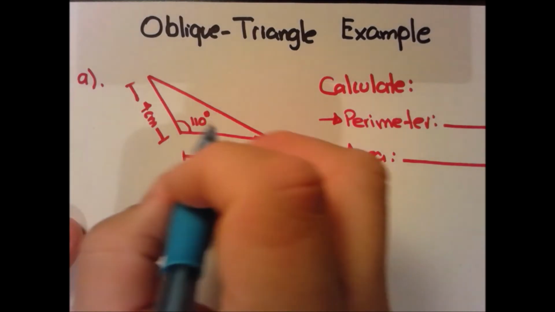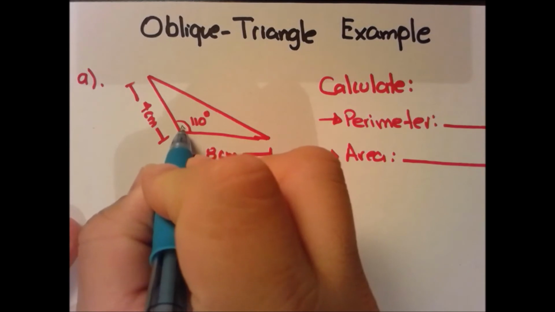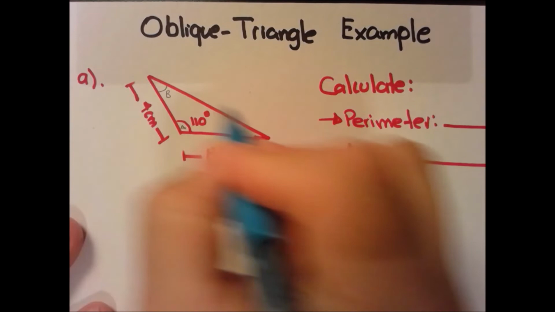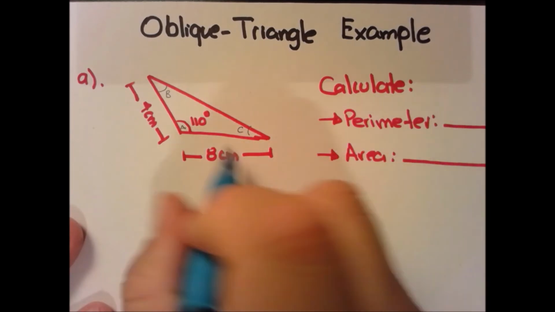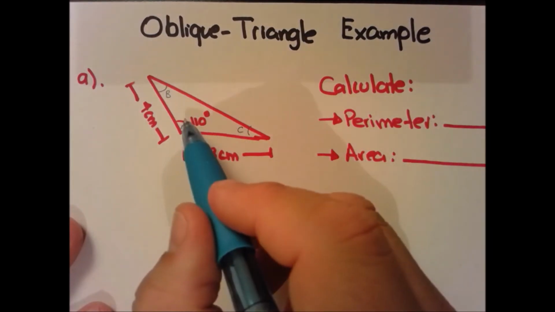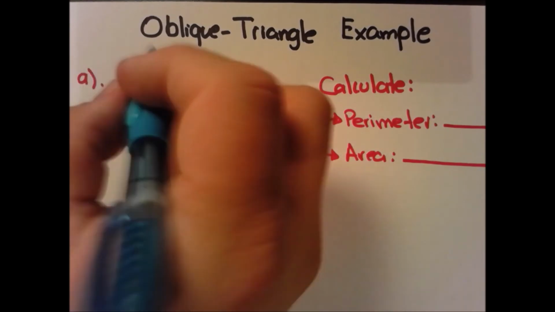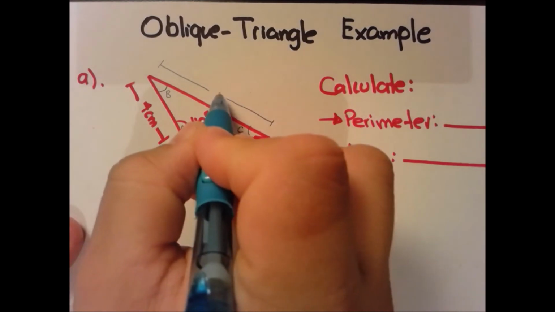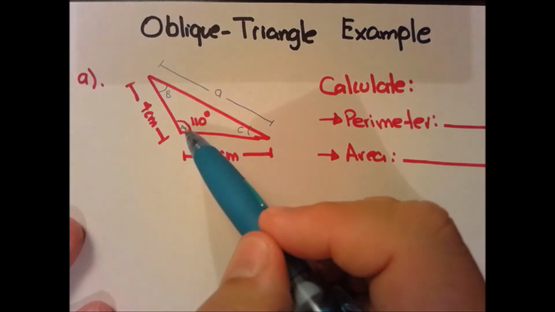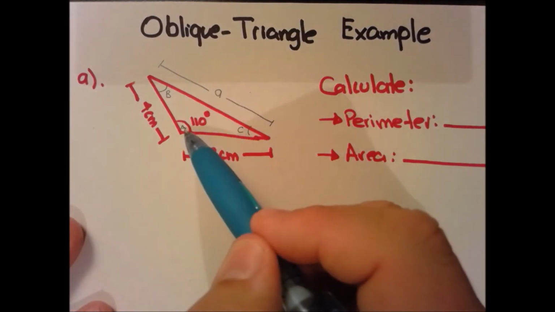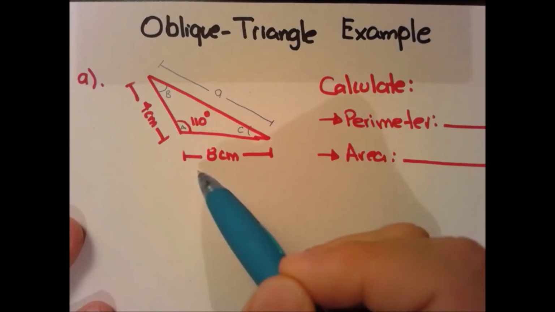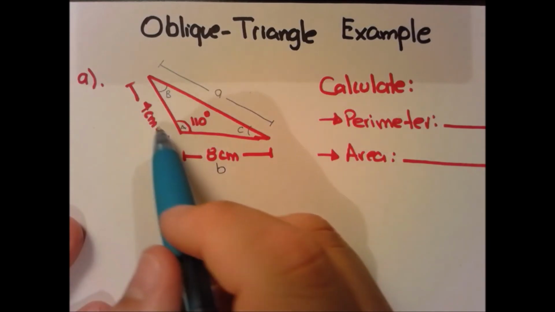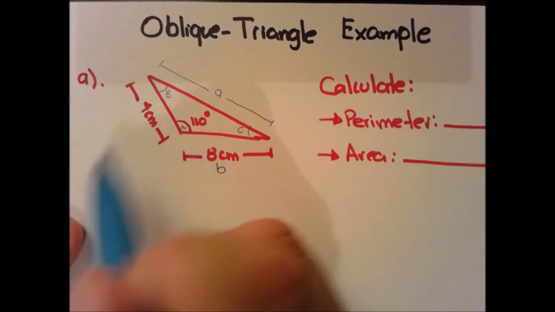In that case, this is going to be A, I'm going to put it over here, this is going to be B, and this is going to be C. According to those labels, this side from here to here is going to be a, because this side is in front of this angle. This one of 8 centimeters is going to be b, and this of 4 centimeters is going to be c.